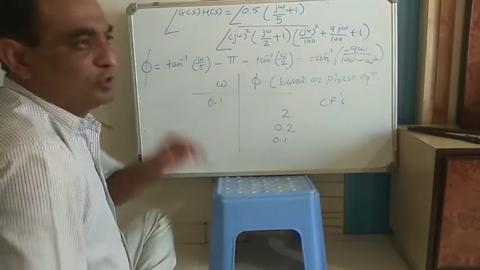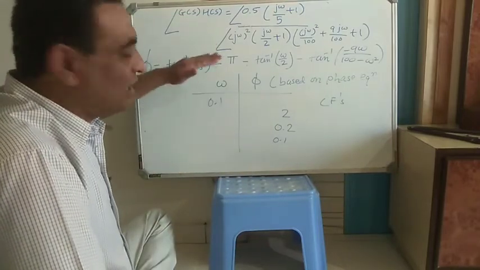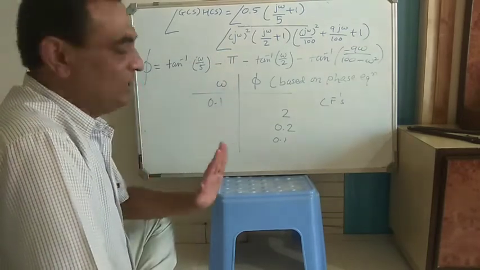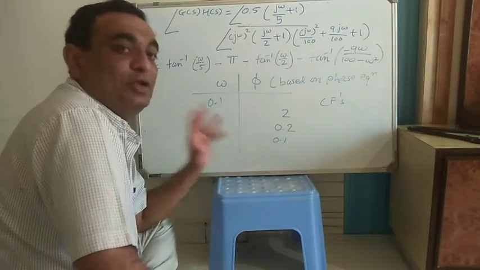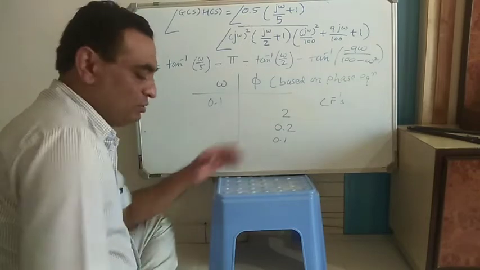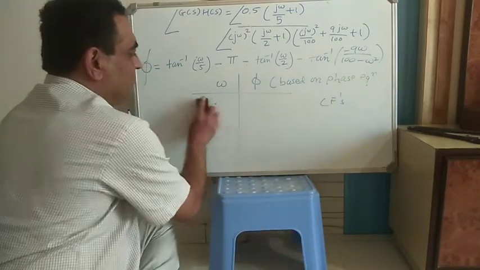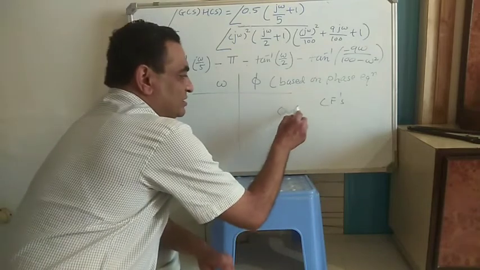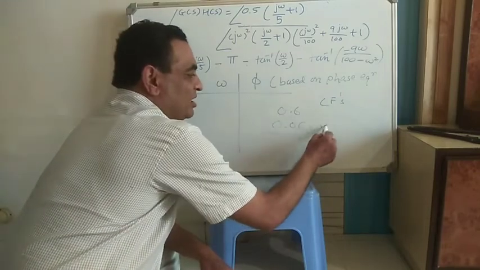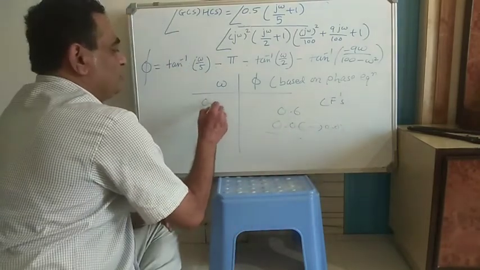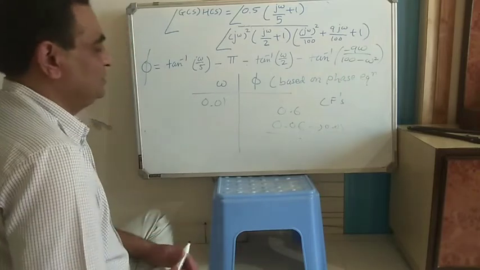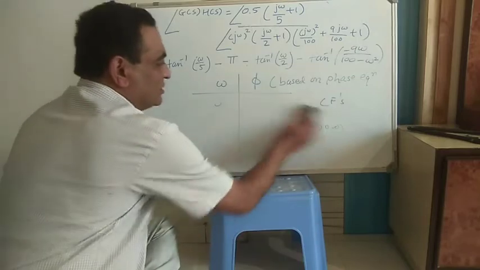So what are the ranges of frequency that you need to select for calculating phi? First, you select your lowest corner frequency, go one decade behind, and scale it to a nearby value. Let's say it is 0.6, so one decade behind is 0.06. After scaling it is 0.01, so you can select 0.01. Then what other frequencies do you need to select?